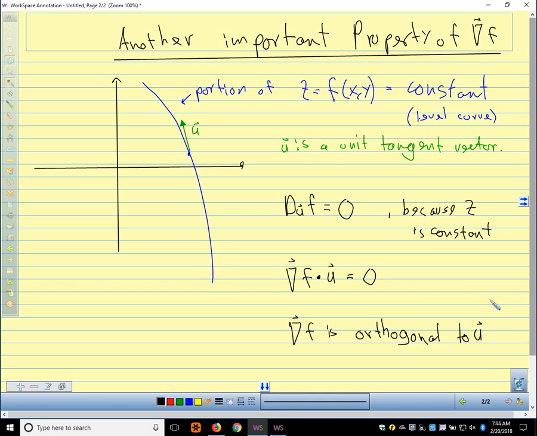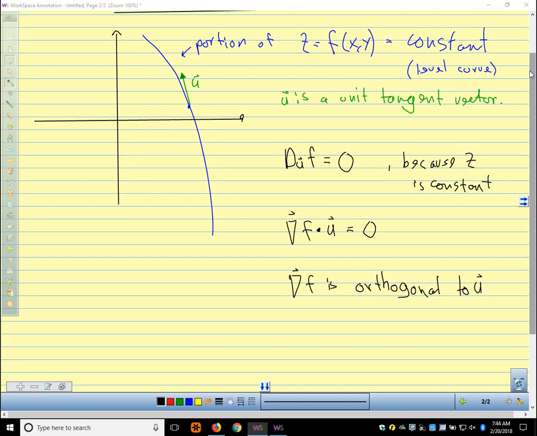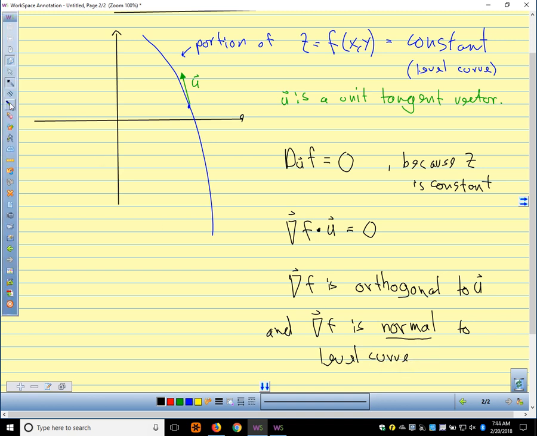Well, that means that del f is normal to the level curve. If I draw the gradient vector, I'll draw that in red, there would be del f.